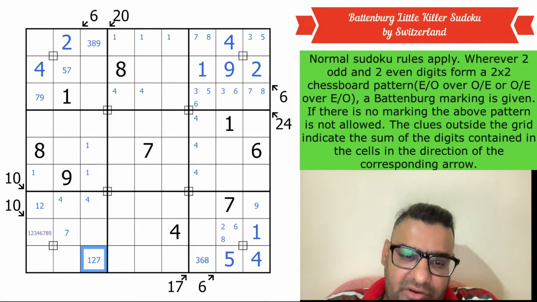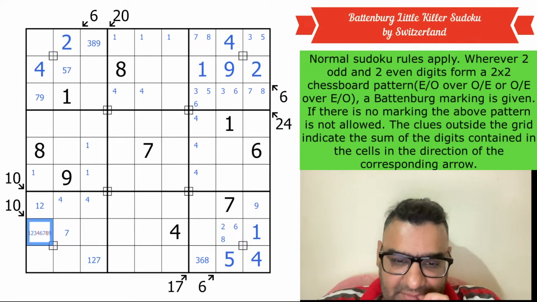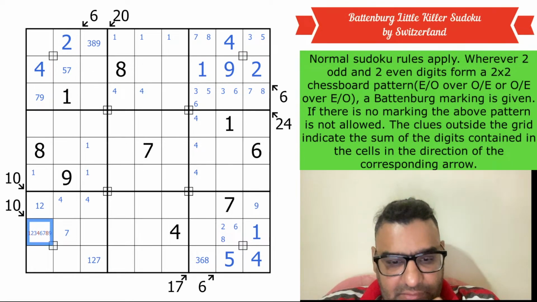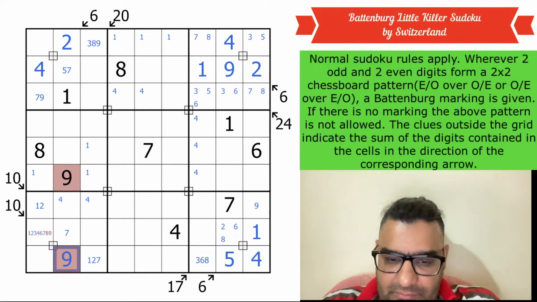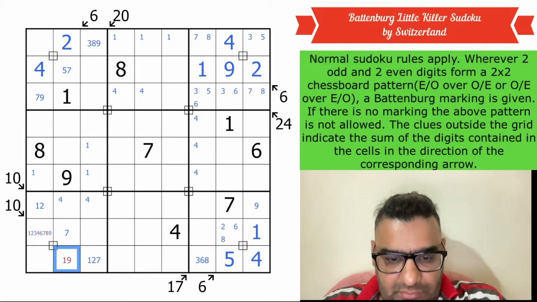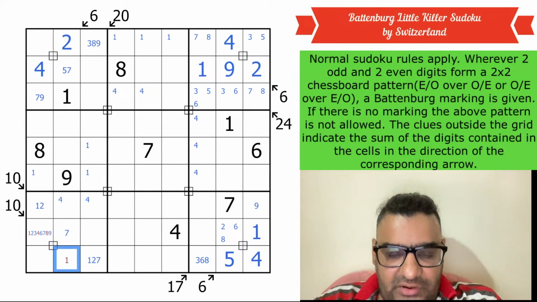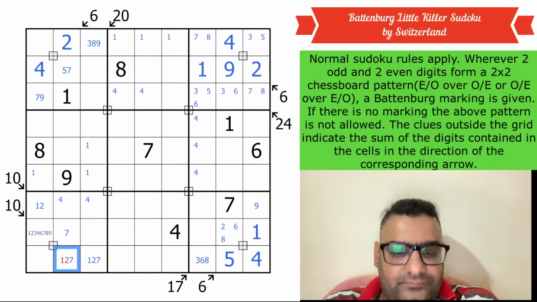what could be the combinations for 10? Let me check combinations again. So 3 digits. It cannot be 9 and 1. But 1 can be there. 1, 2, and 7, that is already there.